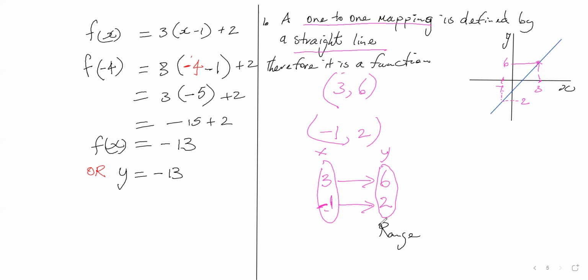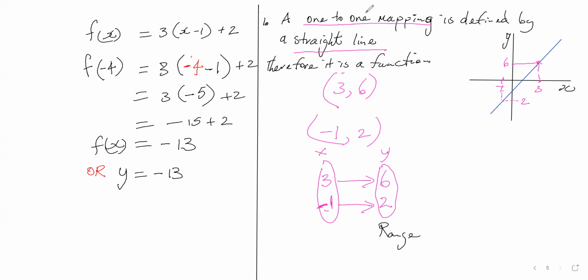All right, pay attention, people. Otherwise, you're going to lose out. So I'm just going to recap. I showed you that if you have f of x equal to something and you want to know what f of -4 is, you substitute your -4 and get your value of f of x or y. Then I explained what a one-to-one mapping does. A one-to-one mapping is defined by a straight line, therefore it's a function.